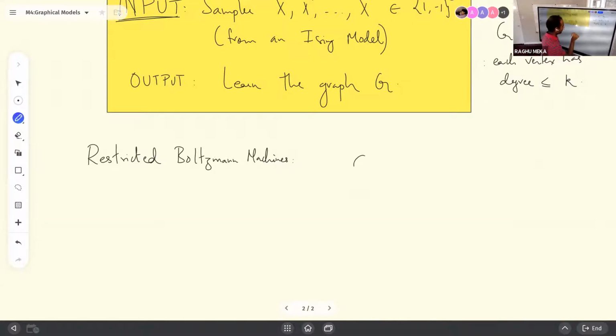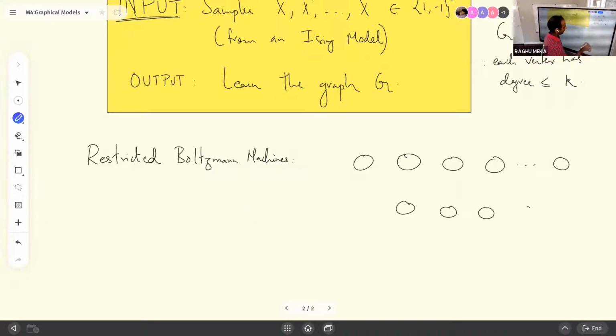It's essentially a Boltzmann machine where the graph is bipartite. Meaning there's a set of variables, let's say x1, x0, okay? And the edges are only going from the top layer to the bottom layer. There are no edges within the top layer.